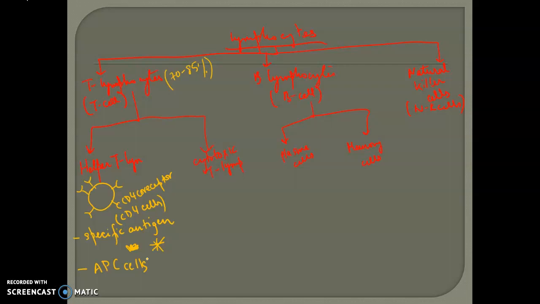These helper T lymphocytes can secrete signaling molecules called cytokines. So I'm drawing cytokines here. They secrete cytokines that actually bind to receptors of other lymphatic cells and activate them.